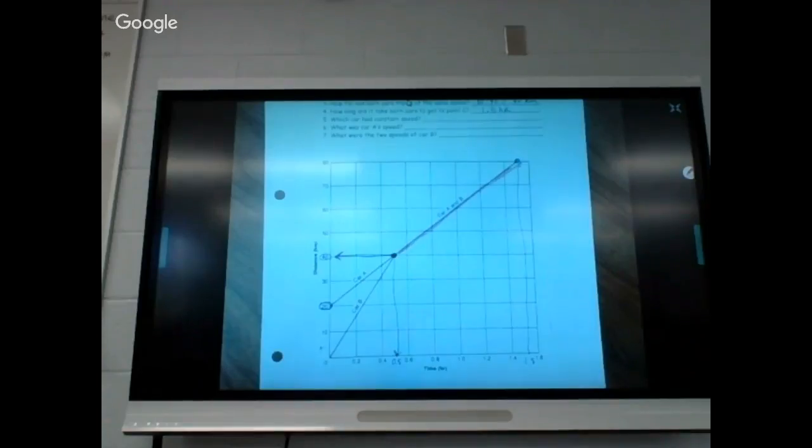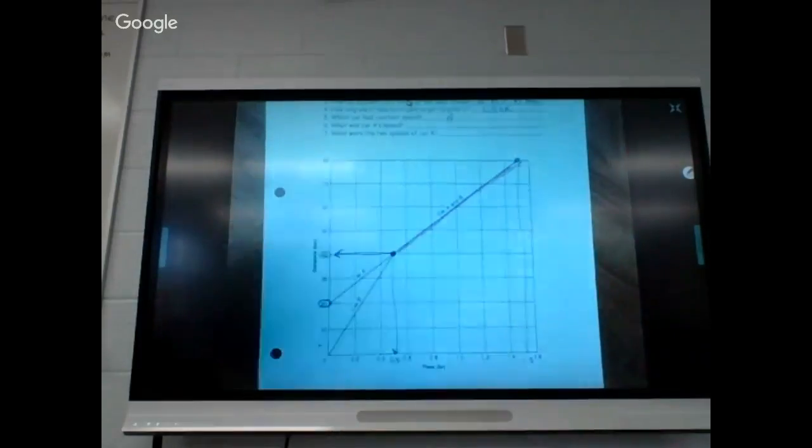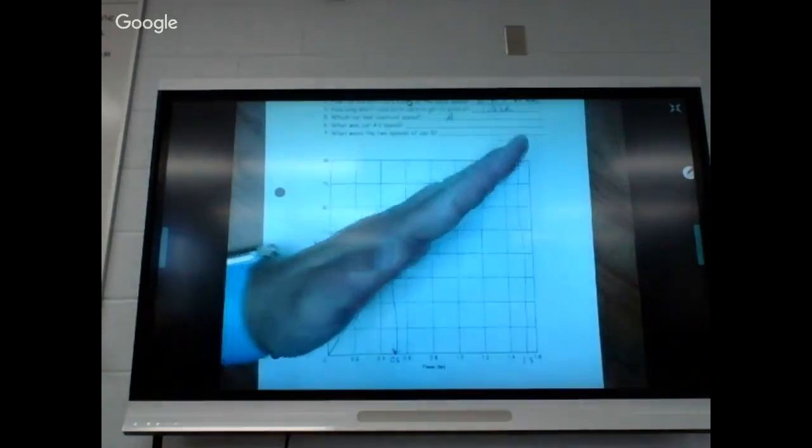Now, which one of these cars is traveling at constant speed? All right, now. Because why? That's exactly right. Which one is completely straight and diagonal? Car A. Car A is the only one that is completely straight and diagonal.